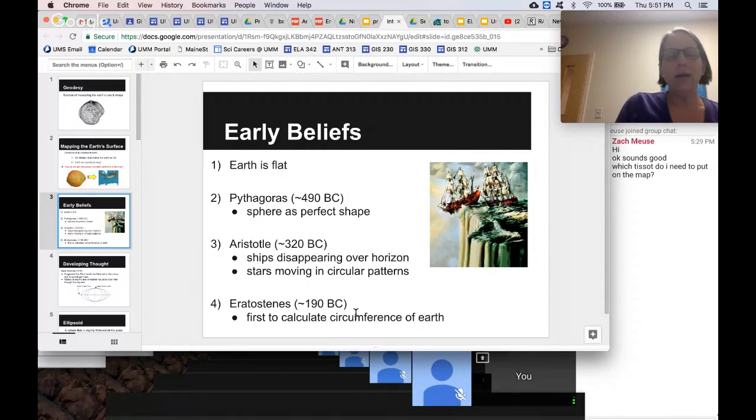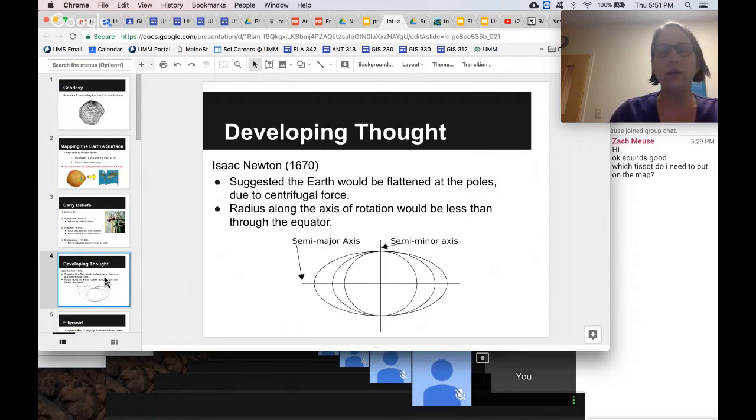And then Eratosthenes calculated the circumference of the Earth, and I won't get into how he did it. It's about 22,000 nautical miles, and he calculated it to be about 20,000 nautical miles. So people have been doing this kind of thing for a long time. Isaac Newton figured out that due to centrifugal force, the Earth would be squashed.